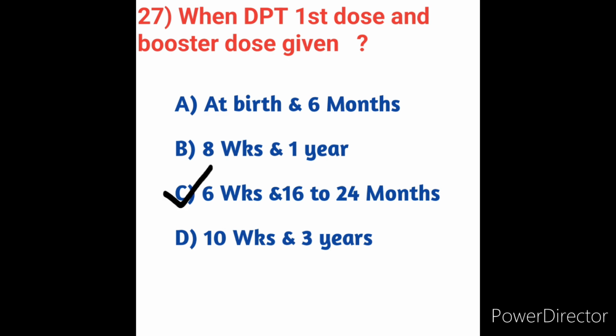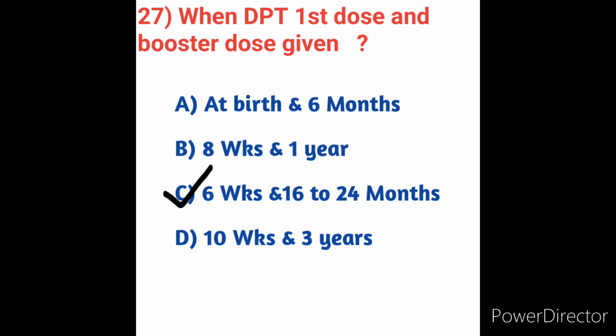Administer the 4th dose of DTP no earlier than 6 months after the 3rd dose. So here the first dose is at 6 weeks and the booster dose is given at 16 to 24 months. So here option C is the correct answer.